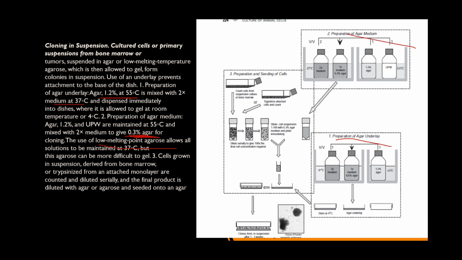Now coming to the third step. You have prepared the agar medium with different concentrations, and the final concentration is 0.3% agar. Then you come to the next step, that is preparation and seeding of the cells.